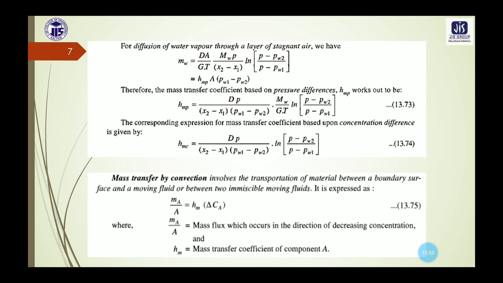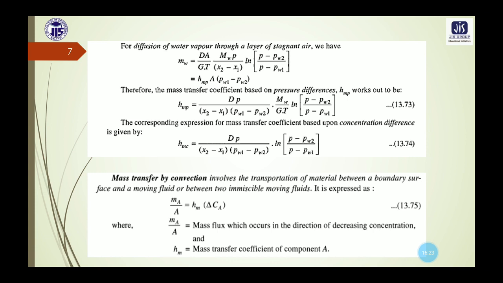Now the corresponding expression of mass transfer coefficient based upon concentration difference can be written like H_MC equals D P by x2 minus x1 into P_W1 minus P_W2 into ln of P minus P_W2 by P minus P_W1. So these are some representations of the mass transfer coefficient in terms of the partial pressure and pressure differences, that is H_MP.